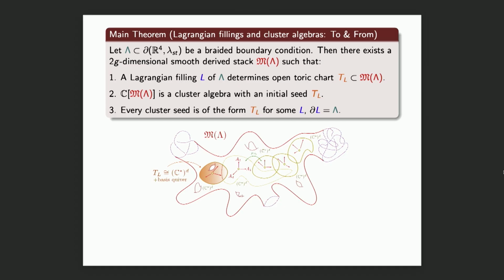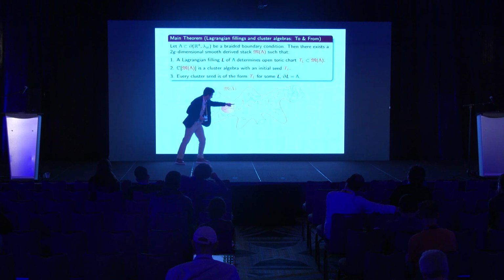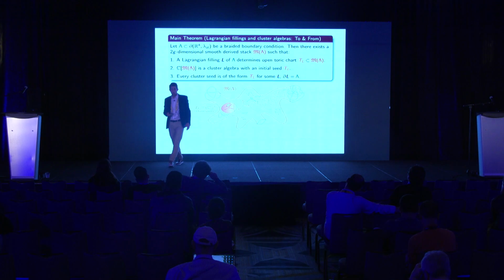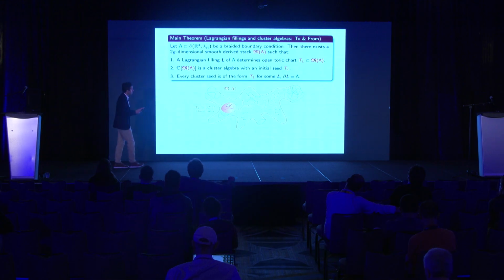Well, really, this is parameterizing Lagrangian surfaces plus local systems in them, like GL1 C local systems. So if you just let the local system vary, then you get that one Lagrangian filling of the boundary condition gives you a toric chart like this one, C star to the D, an open set inside of your space. Okay? So in that sense, the filling gives you this toric chart, and another filling maybe gives you another toric chart, so on and so forth. So that's the first thing you learn, that given a Lagrangian filling, at least you can name an open toric chart inside of this space.